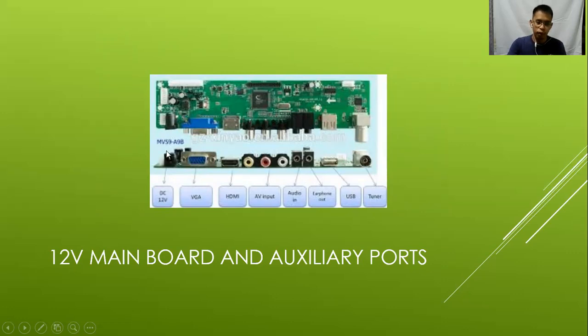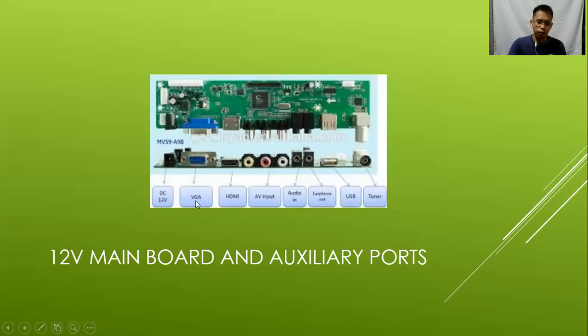The power supply of this circuit board or the main board of this LED television is a 12-volt type. Okay, so it has a separate power supply. It has an external adapter, not included in the case of the television or the entire unit. So separate yung 12-volt power supply niya.